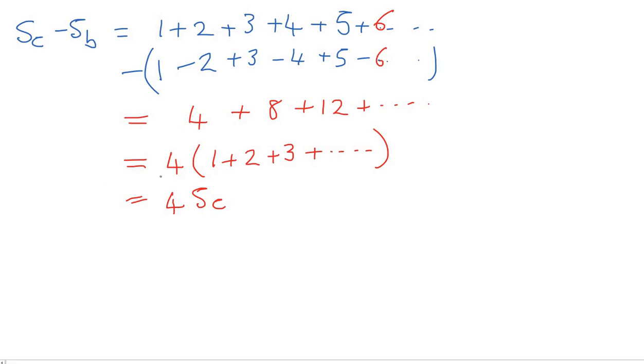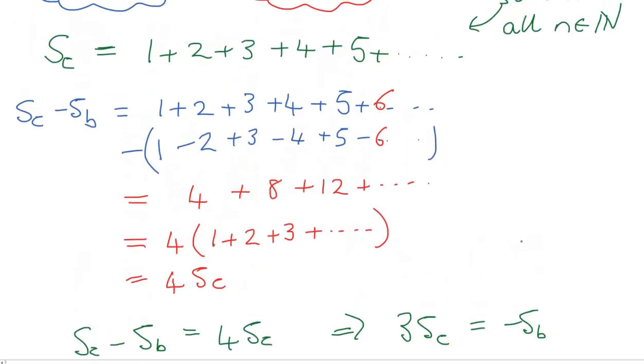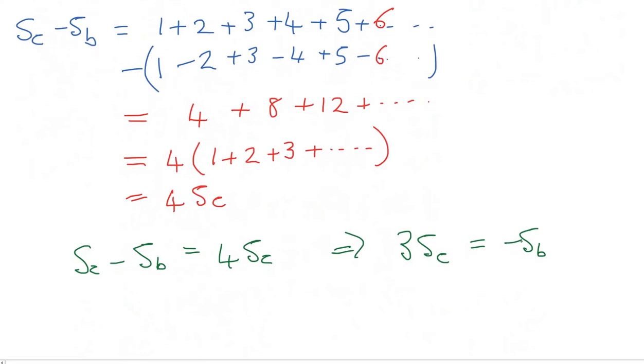Right, we're almost there now. We're about to hit the crazy maths. So we've now got SC minus SB equals 4SC. Again, using some algebra, we can see that 3 lots of SC equals minus SB. And we know what SB equals. It's just a quarter.